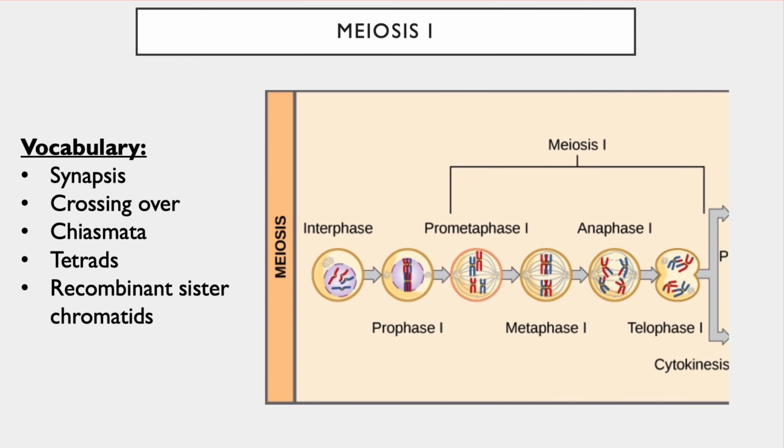So during meiosis 1, during this substage of prophase 1, most of these terms are going to be used, because it turns out prophase 1 is an incredibly important process and what creates the majority of genetic diversity in a gamete.